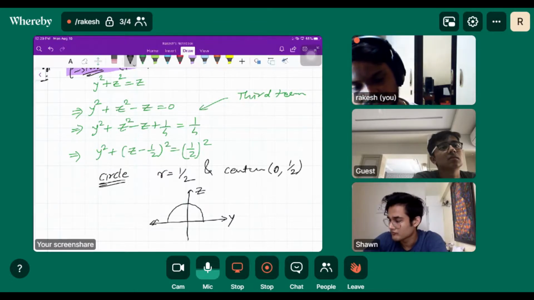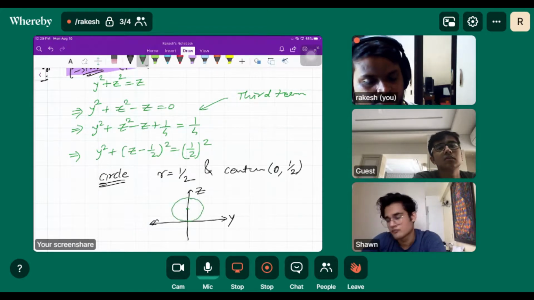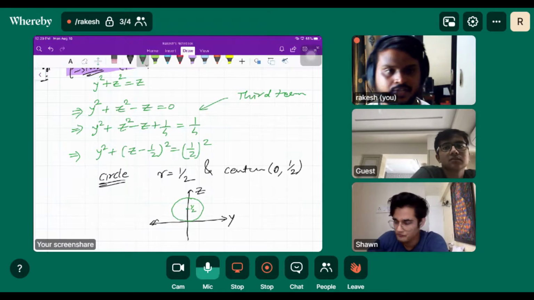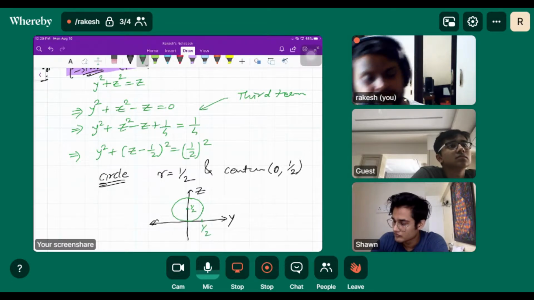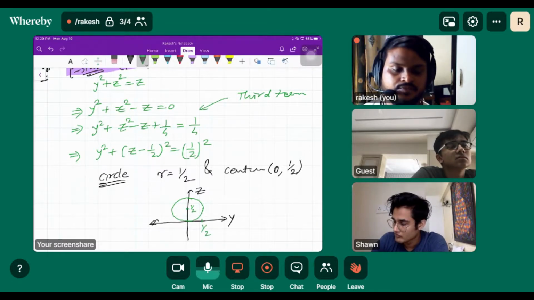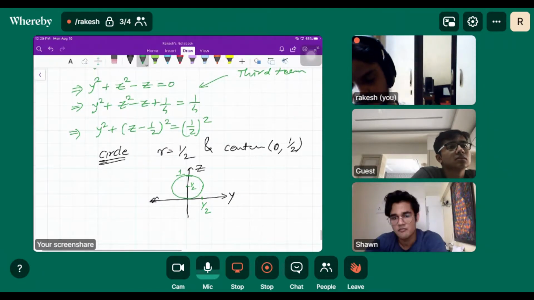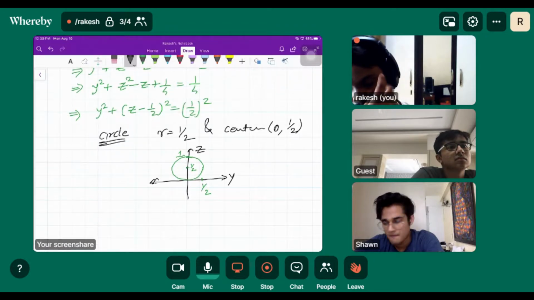The reason is the center at 0, half. The center is at 0, half, and the radius is half. So that's half, and this is one. Now, what is rho simple? Can you find rho simple here?